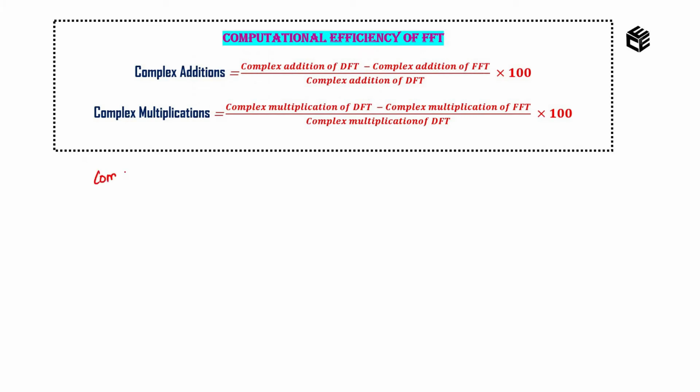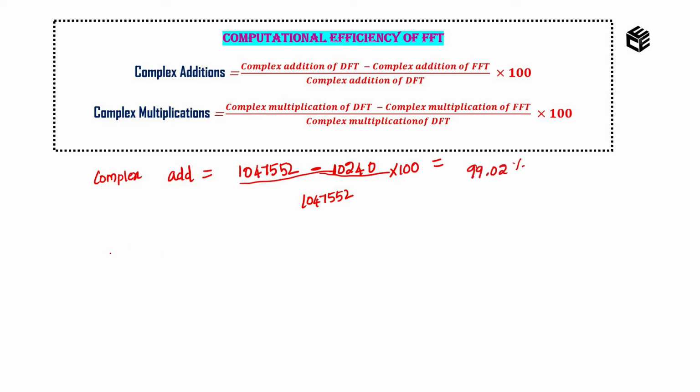First for complex addition: complex addition of DFT, we got the value as 1047552, minus the complex addition of FFT, which is 10240, divided by 1047552, into 100. The value will be equal to 99.02%.